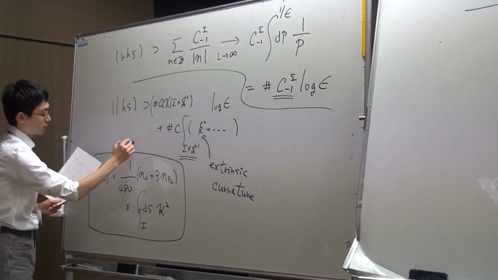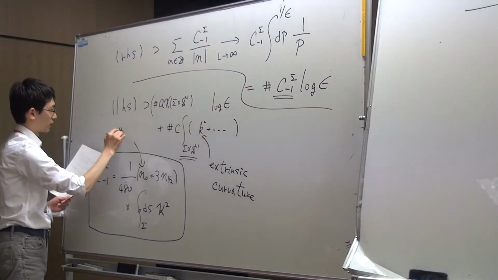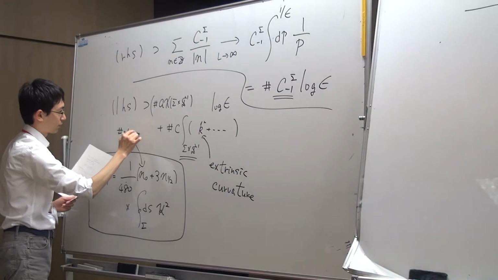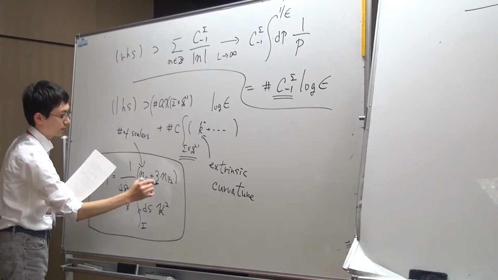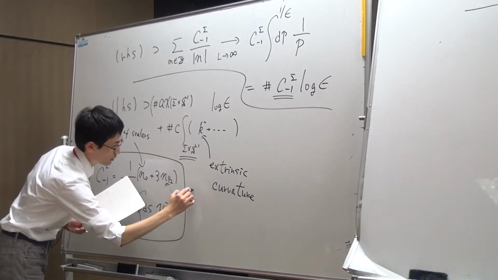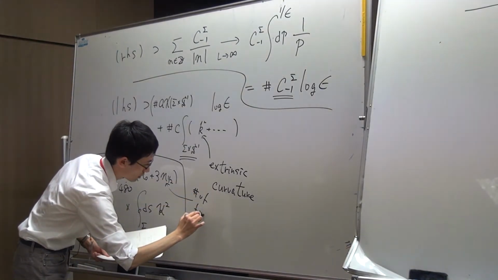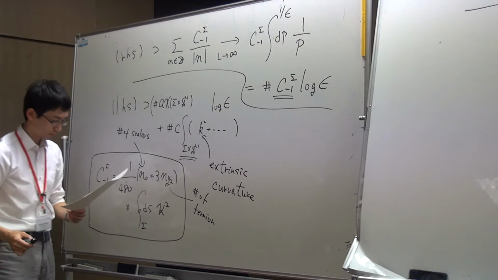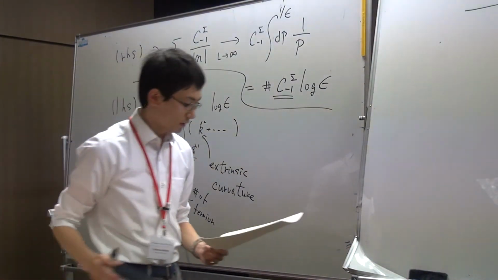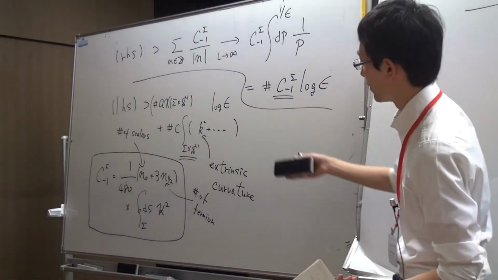This is the number of scalars, and this is the number of fermions. Okay, so this is the final answer for free fields.